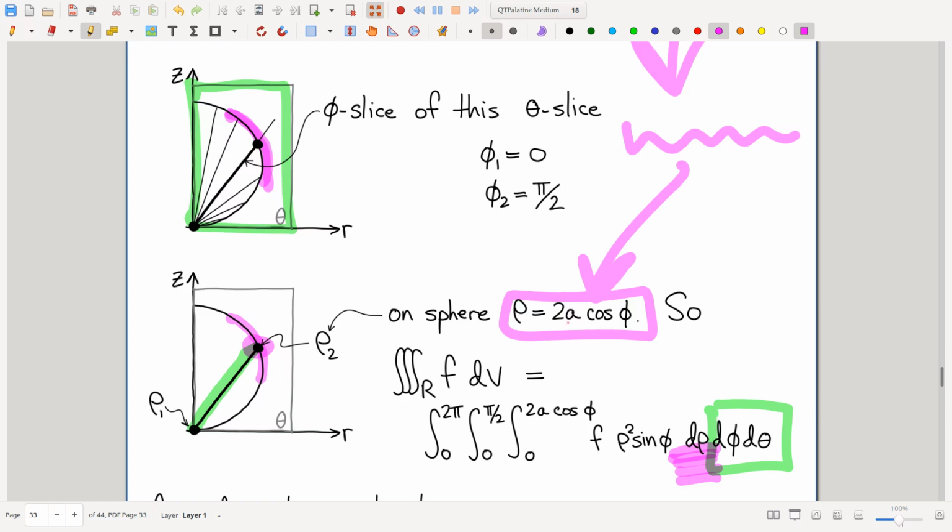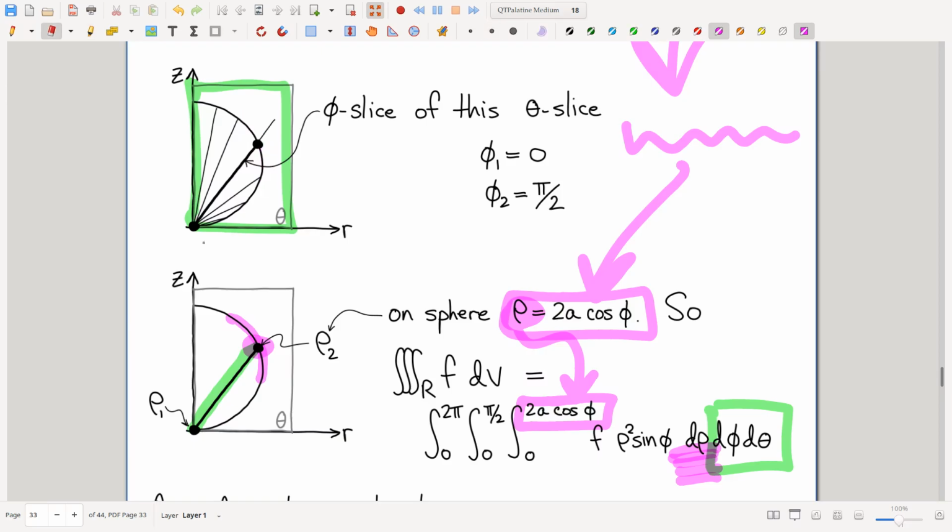Then you can solve for rho, and that will give you your rho bound. Everybody good? Kind of like that last example that we did in polar coordinates. You've got to actually do the conversion process. And again, how to convert these equations we talked about back in chapter 1.